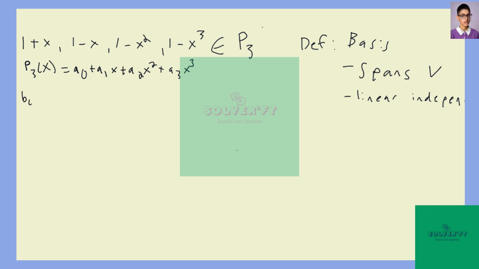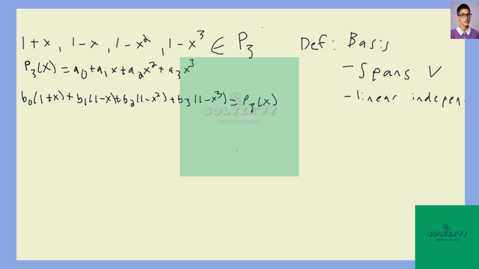So we'll just grab some arbitrary constants, and we'll call them b_i: b0 times (1 plus x), plus b1 times (1 minus x), plus b2 times (1 minus x squared), plus b3 times (1 minus x cubed). And we'll set that equal to p3 of x.